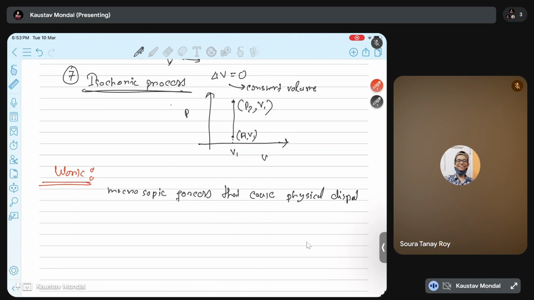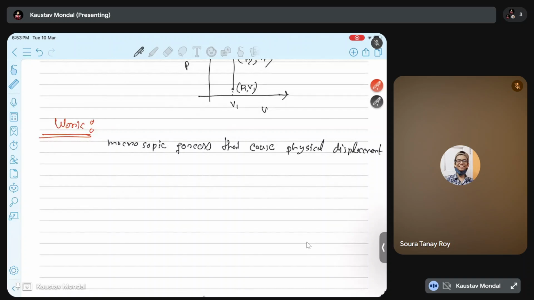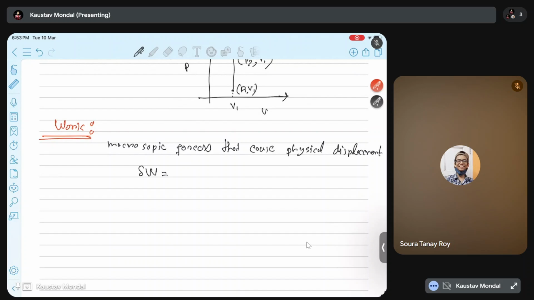Displacement means displacement in terms of macroscopic quantities, that is, extensive quantities like volume, magnetization, mole, and so on. The definition is the same: delta W equals Y dX, where Y is the intensive variable and X is the extensive variable.